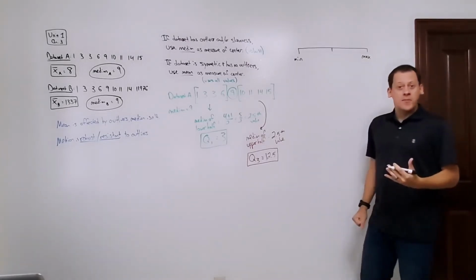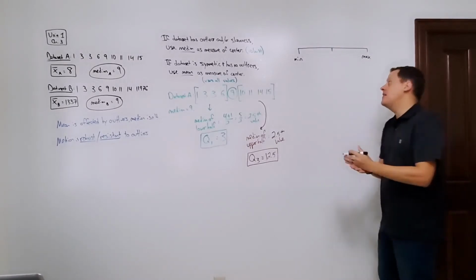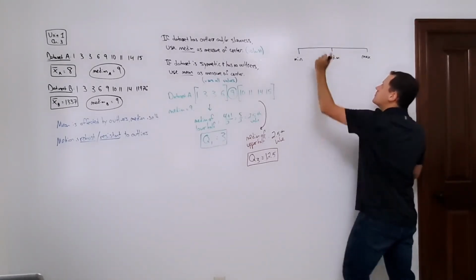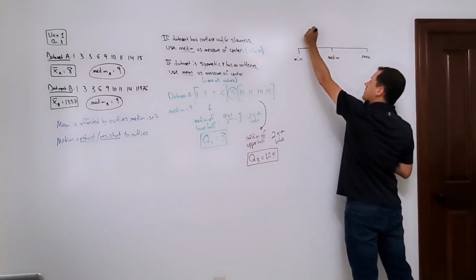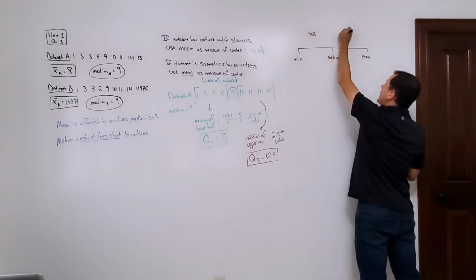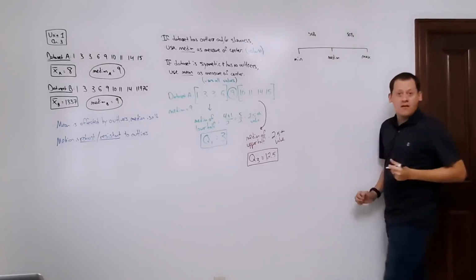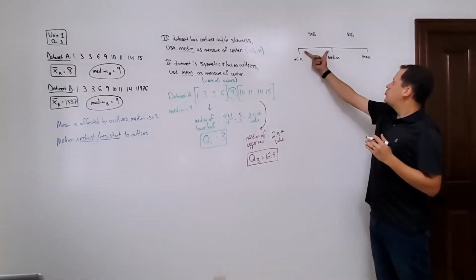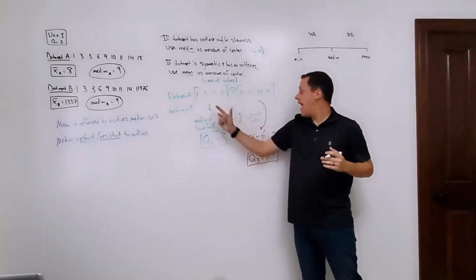The value right in the middle, or the average of the middle 2, is the median. So we're saying there's 50% of data on either side of the median. But then we took just this half and cut it in half.